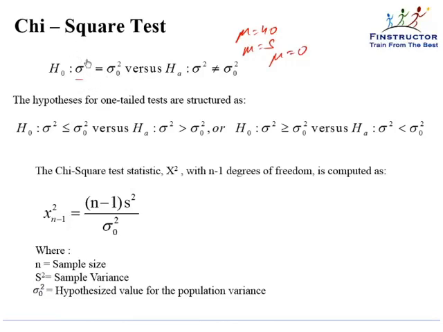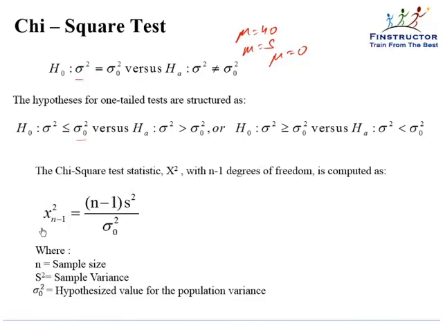The variance is seen to follow a chi-square distribution, that is a positively skewed distribution, and the test statistic is checked against the chi-square table, where the critical values come from. So the null hypothesis is that the variance is equal to something, and the alternative hypothesis is that the variance is different from that number. Similarly, we can have one-tailed tests for checking less than or equal to or greater than or equal to in the null hypothesis.